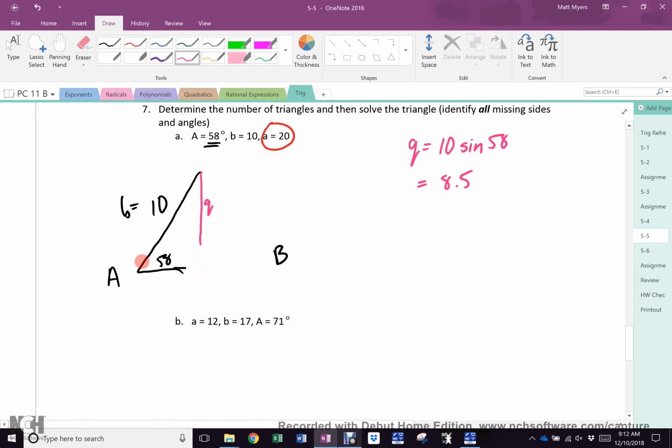Can it go this way? Could it go this way? Think about it. Talk to your neighbor for a sec. Can it swing both ways? Can it swing like a pendulum? Or am I locked into a certain triangle here? Think of my options.